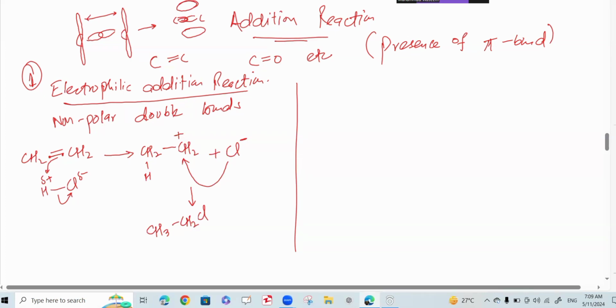This is the electrophilic addition reaction, when the pi electrons from the non-polar double bond attack on the partially positively charged atom. So this is called electrophilic because it has started from the electrophile, it's electron loving. Is it clear?